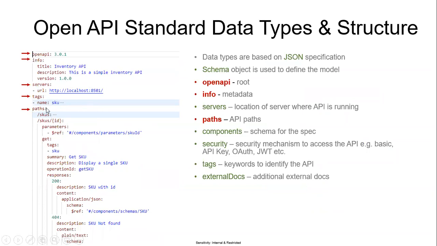You will say where it is running. In the tags, you will say some keywords: this is a game list API. And in paths, you will say get game details or list game details. So if I say whatever URL slash games, and then give an ID, it will give the details about that particular game.